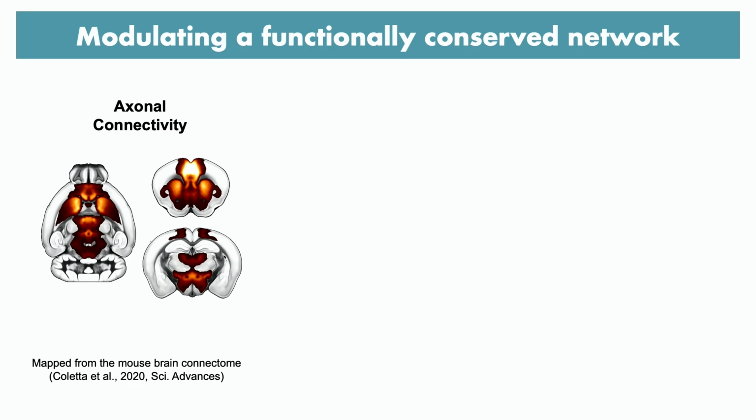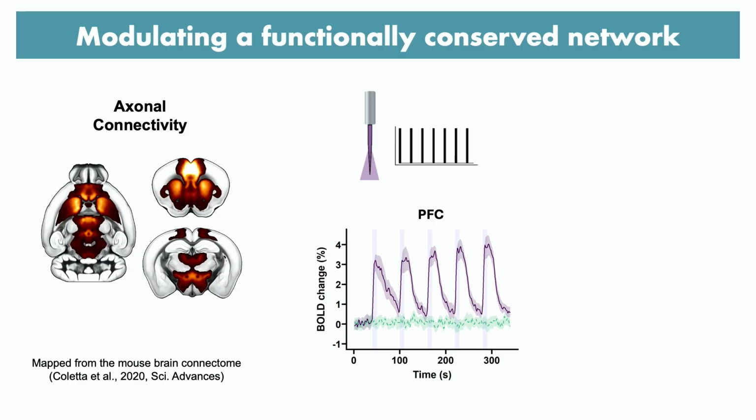Traditionally, fMRI studies with optogenetics use a block design stimulation, where the laser is pulsed rapidly in 10-second blocks, followed by 50 seconds of rest. And this causes increases in the BOLD signal timed to the light, these blips that I'm showing here in the stimulated region.